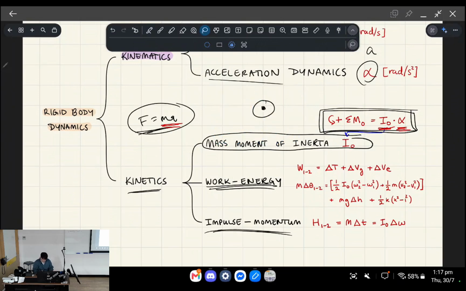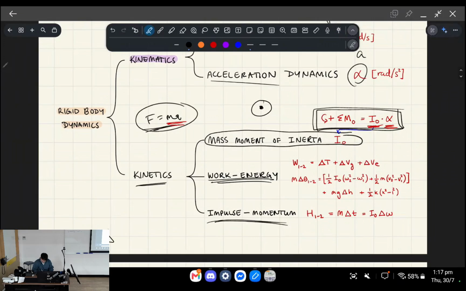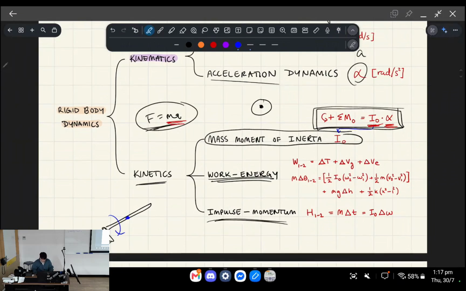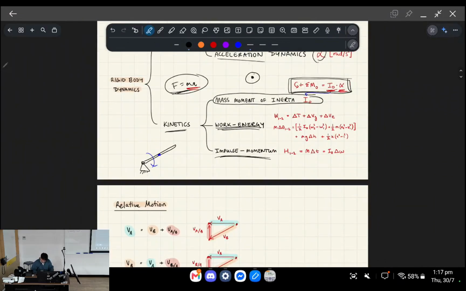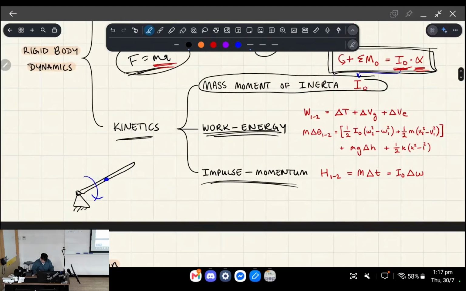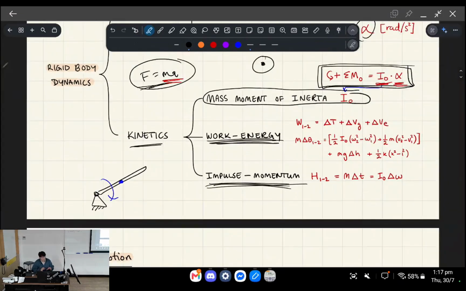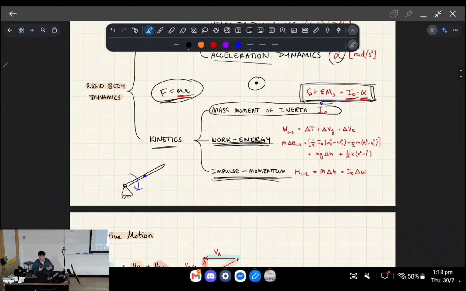But if we have, say, a rod, so a 1D rigid body, and it's pivoting around a hinge or a pin support, it basically has a center of gravity, and it can rotate and, well, this one's just rotating, but there can be cases of rotation and translation, basically, right? Okay. So when we're talking about work energy methods and impulse momentum methods, there's going to be two components. There'll be rotational and translational.